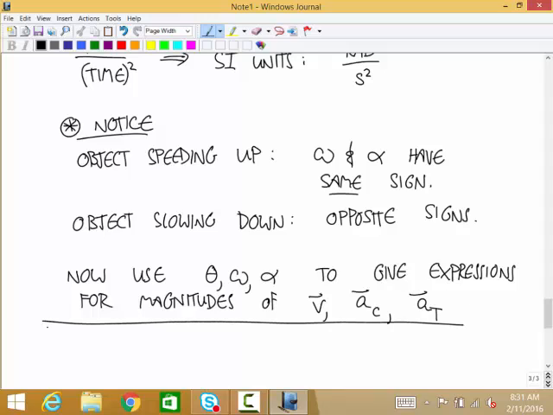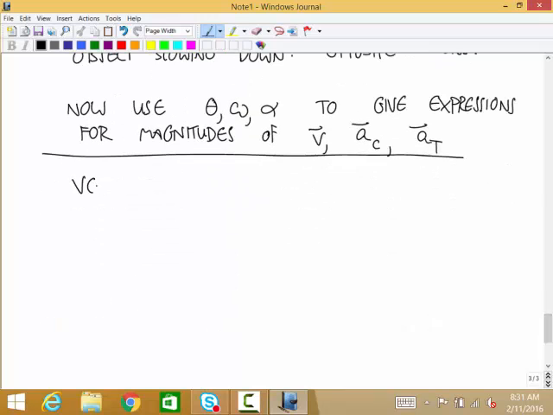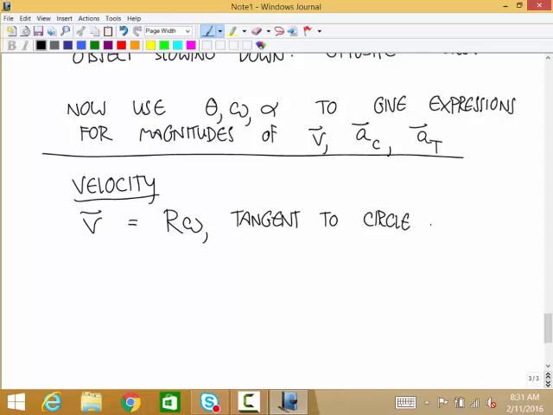So that's what we're going to do now that we've defined these three things. So first is velocity. The velocity vector is equal to r times omega, and the direction is tangent to the circle in the direction of motion. This r is the radius of the circle.